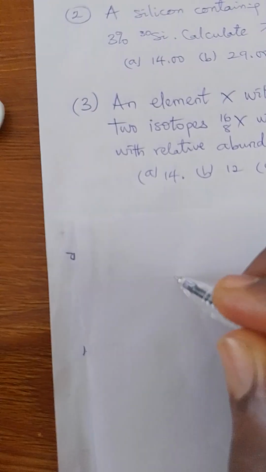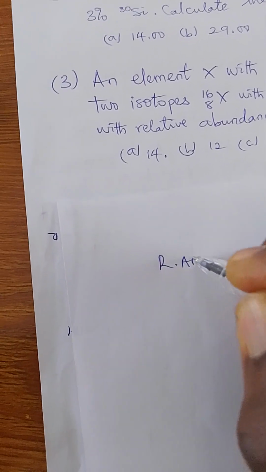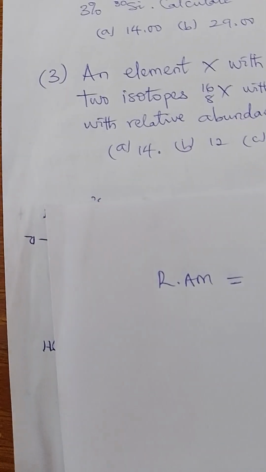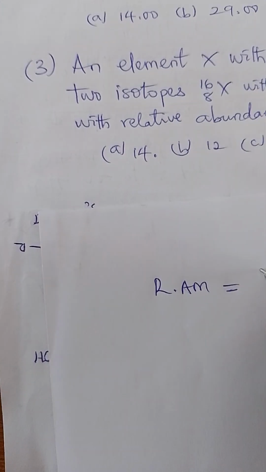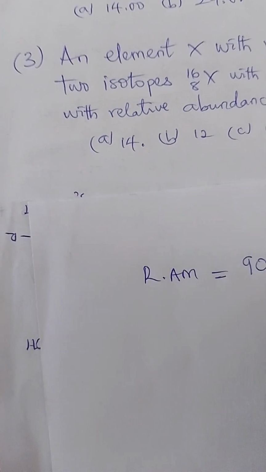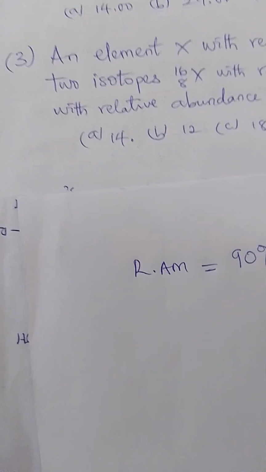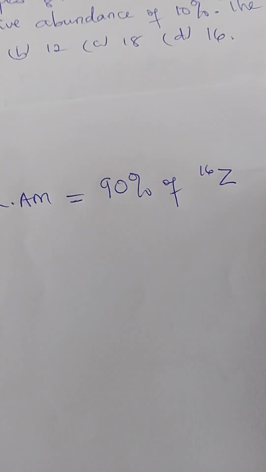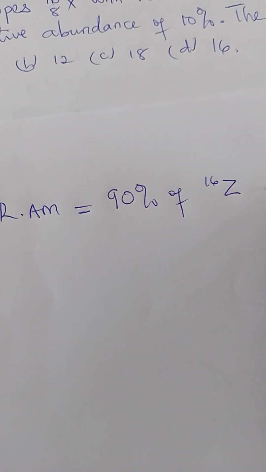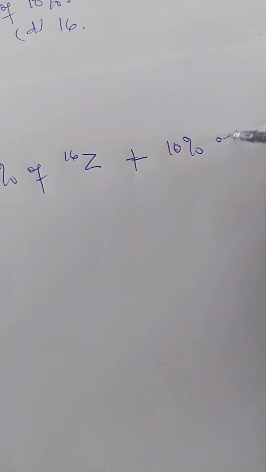So what we have, the formula will be relative atomic mass equals the percentage abundance. This one says 90%, so that will be 90% of 16Z, okay, plus 10% of 18Z.